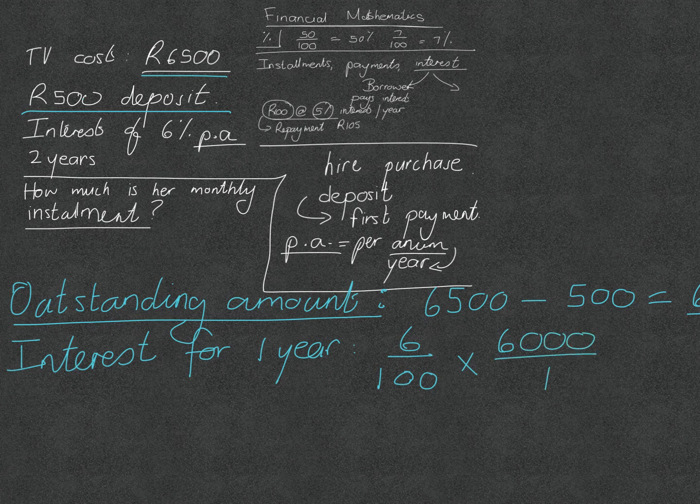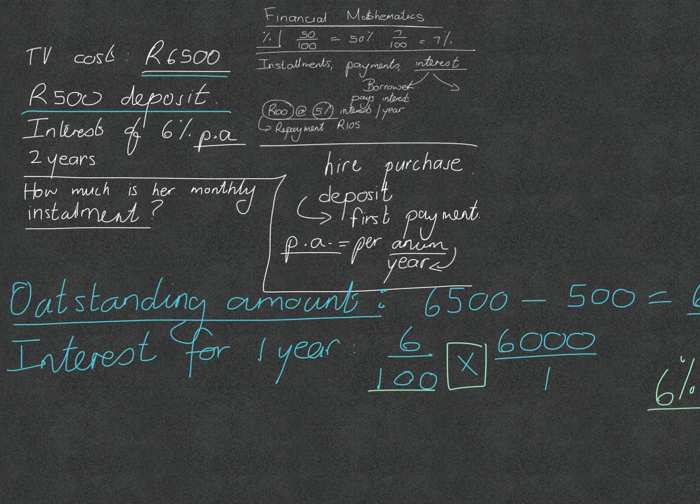We want to calculate 6% of 6,000 Rand, and you know that "of" means multiply. And 6%, we write as a fraction, 6 out of 100. That's why we do this calculation.